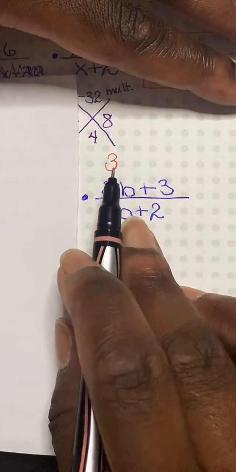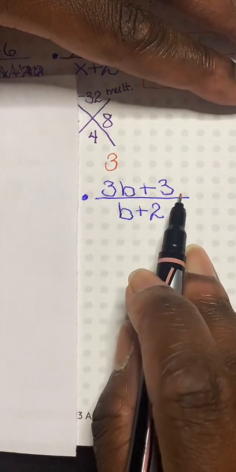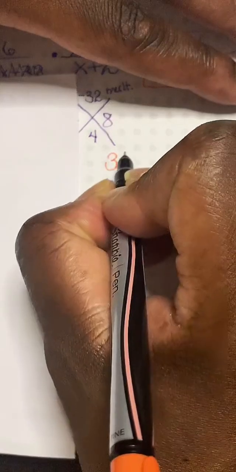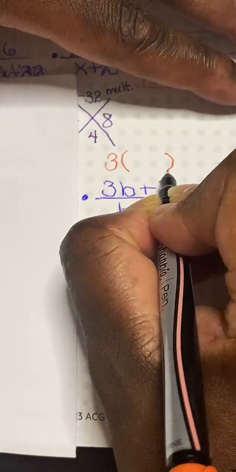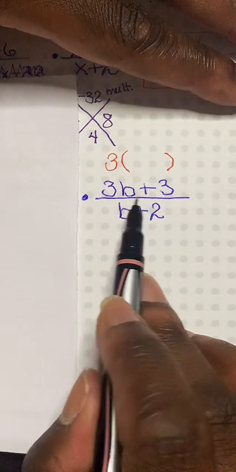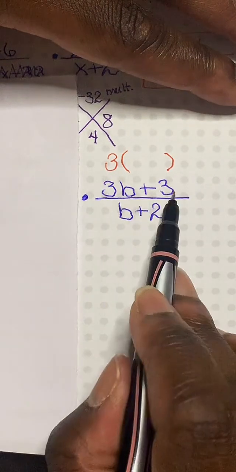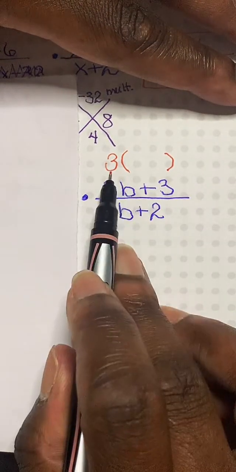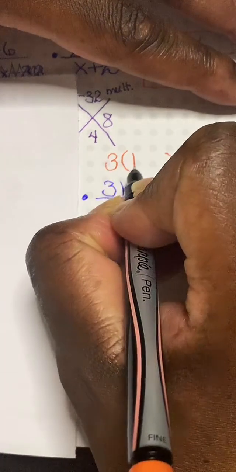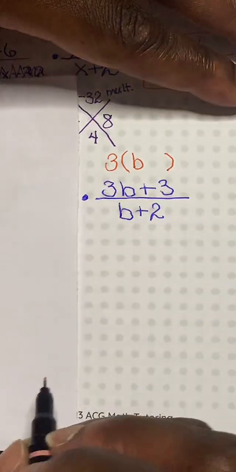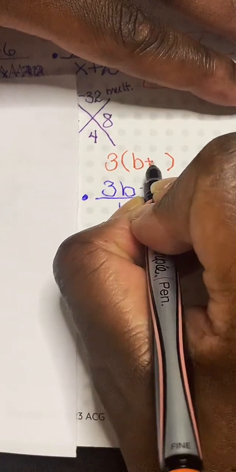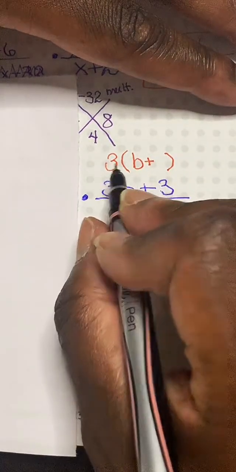Not b, not 3b, because the 3 down here doesn't have a b. If I factor out that 3, I divide by it from the original terms. 3b divided by 3 gives me 1b, or just b. Plus sign. 3 divided by 3 gives me a 1.